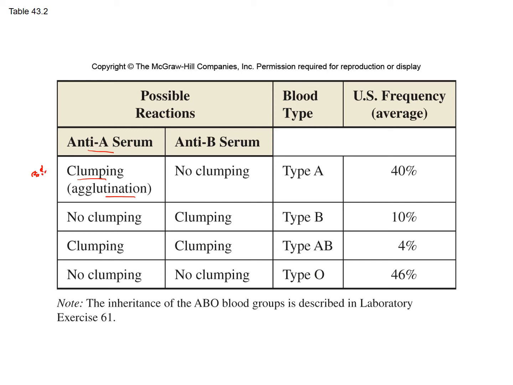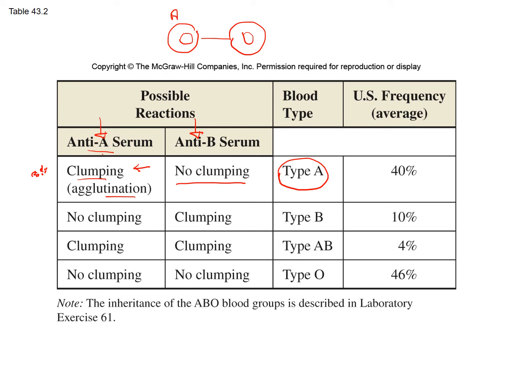So it's going to be thick, sticking with each other like this, called agglutination or clumping. So if you add the anti-A to the first well and the anti-B to the second one, and clumping happens with anti-A and no clumping happens with anti-B, that means the blood is type A. You got it? You have the two wells here, you have a blood sample inside, you don't know which one.